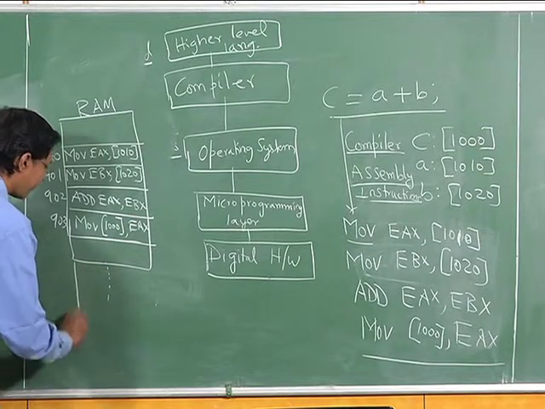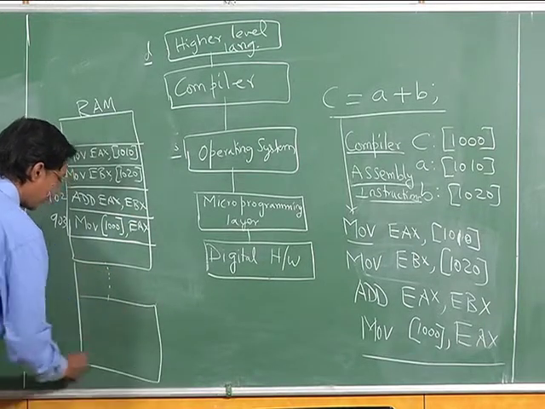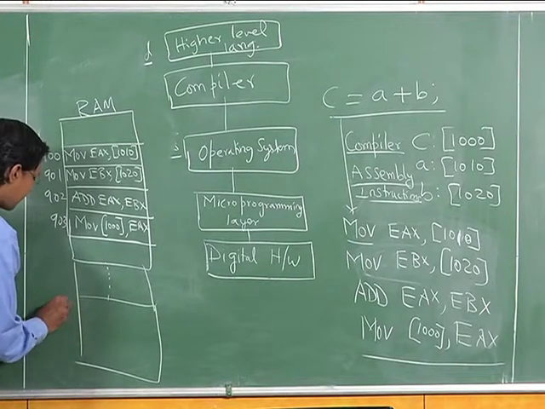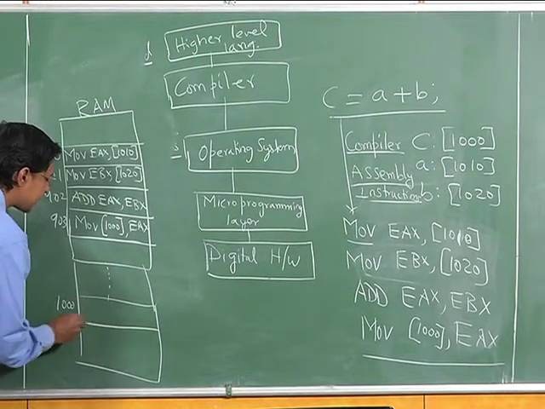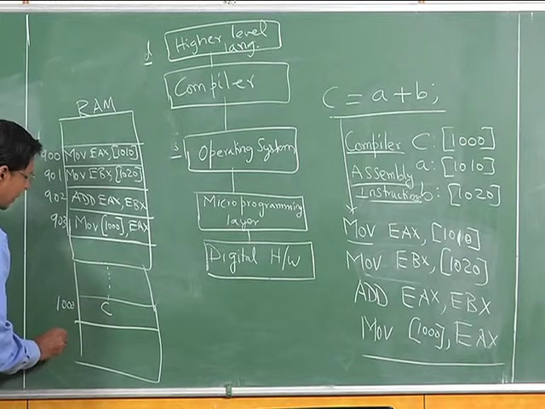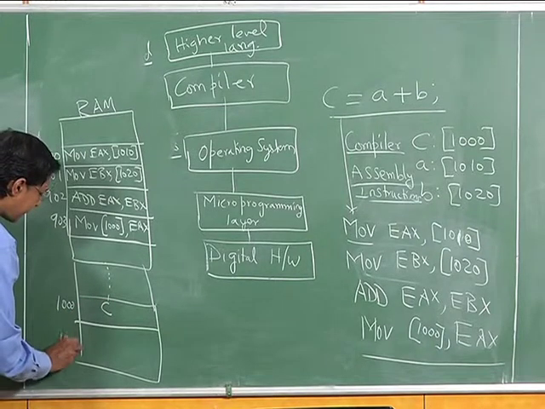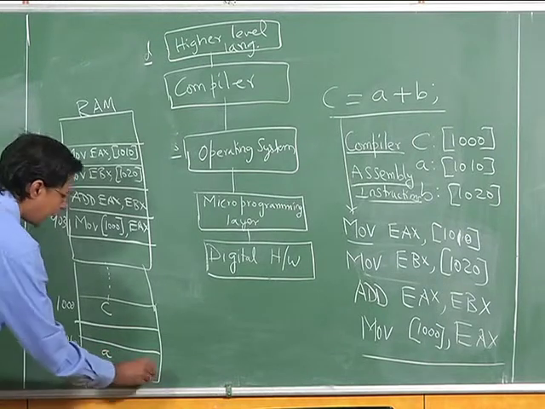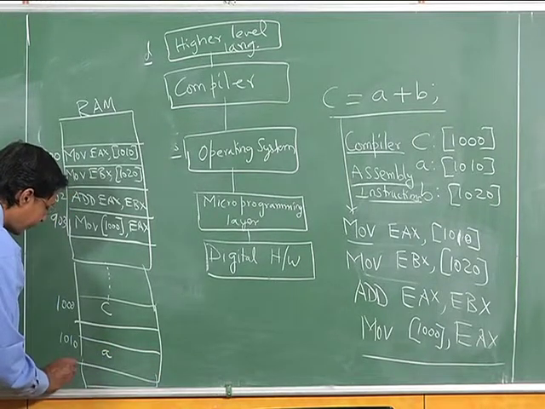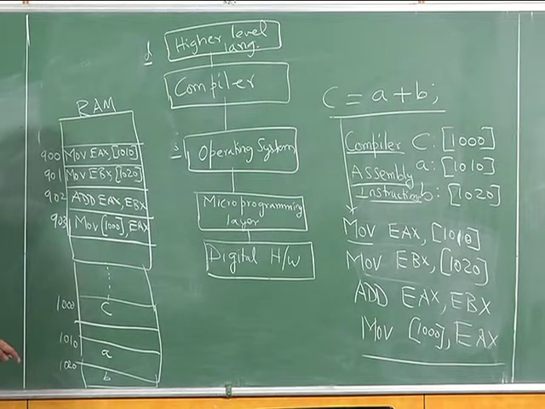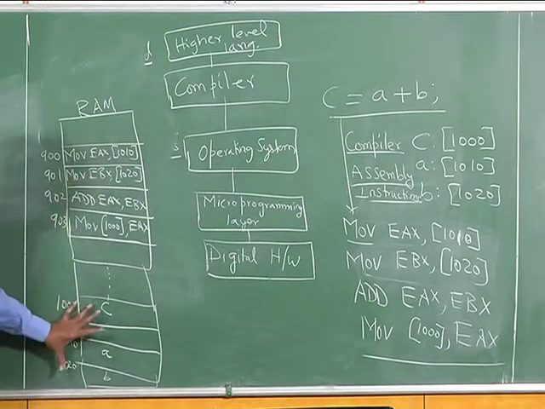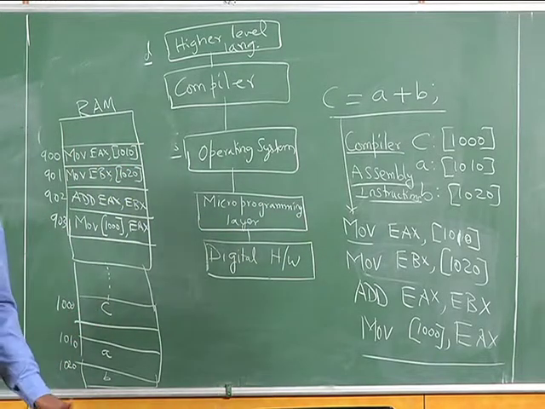Subsequently, let us also assume that in 1000 there is a place reserved for C, in 1010 there is a place reserved for A, and in 1020 there is a place reserved for B. So the moment I start executing this program, this whole thing is loaded into the memory as we see here.